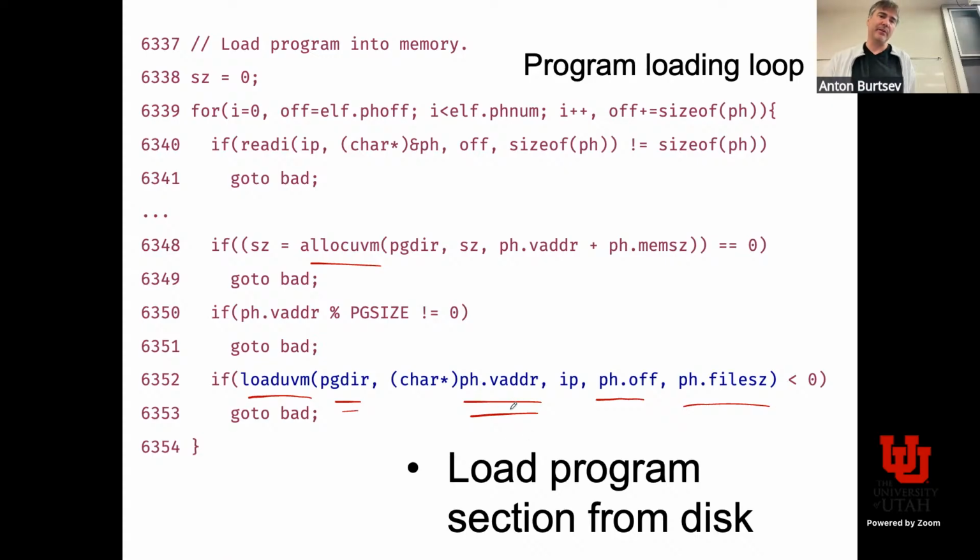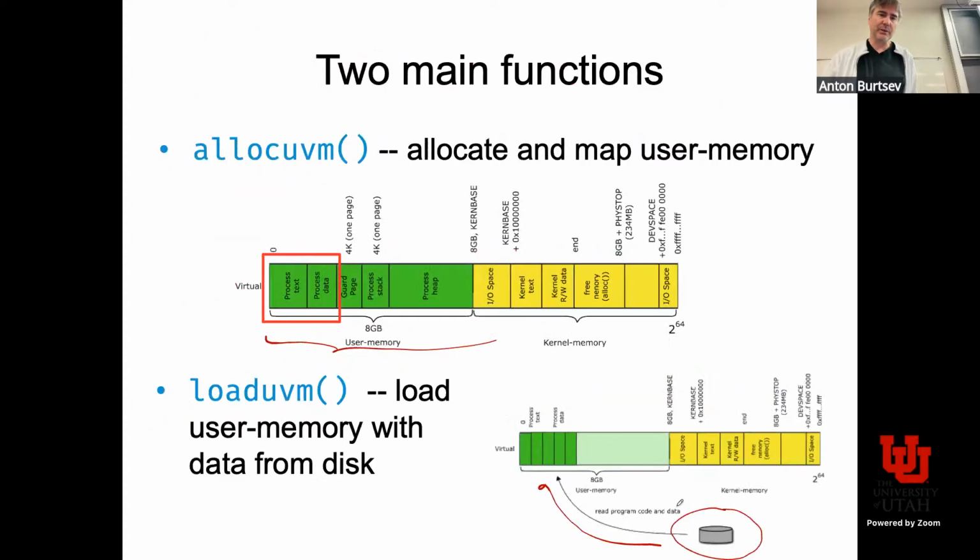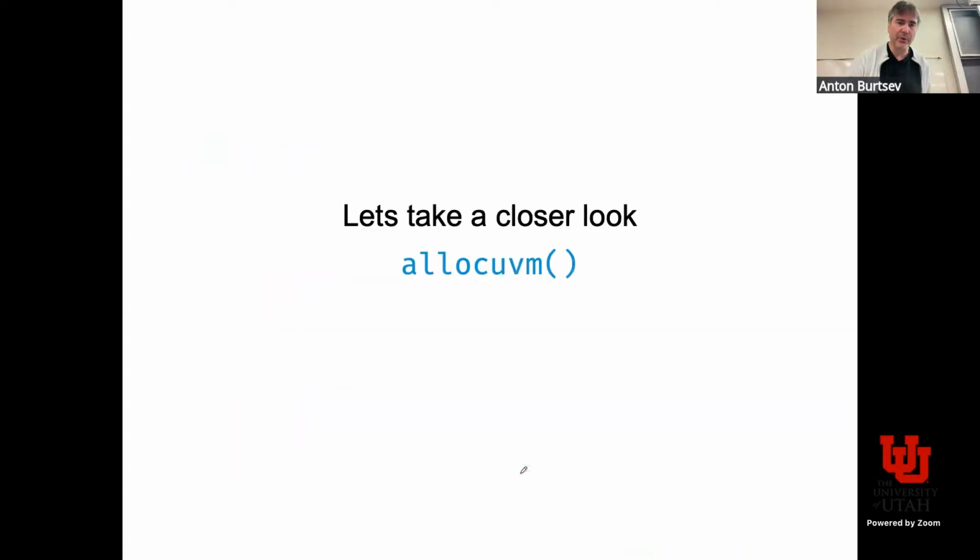And we know that this address is already mapped in this page table, right? So allocuvm allocates those pages, and loaduvm essentially loads those pages from disk into the memory, right? Make sense?